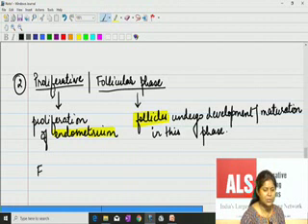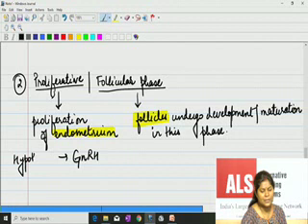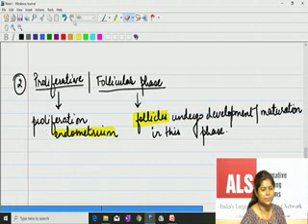First and foremost, in this phase the whole process starts from FSH. So we all know FSH is basically under the control of which hormone? GnRH, released from the hypothalamus. So the hypothalamus releases GnRH.